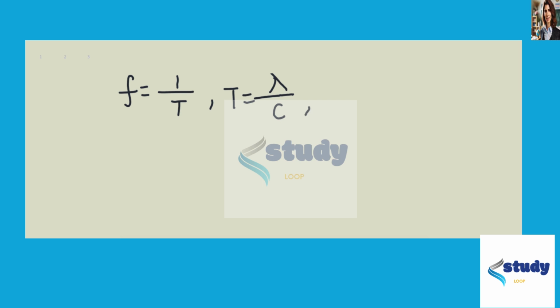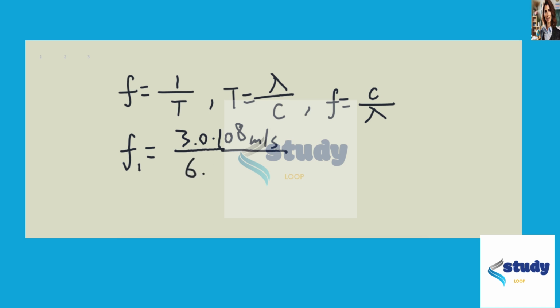So f, since it's a reciprocal of the t, is just equal to c divided by lambda, and for this case, f1 is equal to c, the speed of light, 3.0 times 10 to the power of 8 meter per second, divided by 6.96 times 10 to the negative 7 meter, and that should give us something like, let's see, it's pretty big, 4.3 times 10 to the power of 14 hertz. And that's the solution for question A.